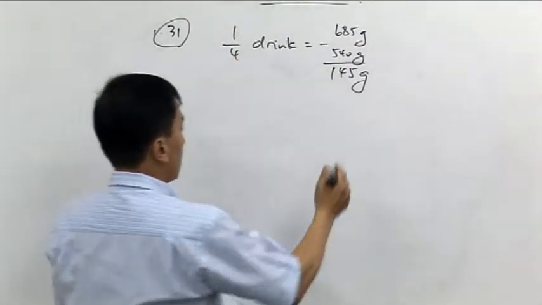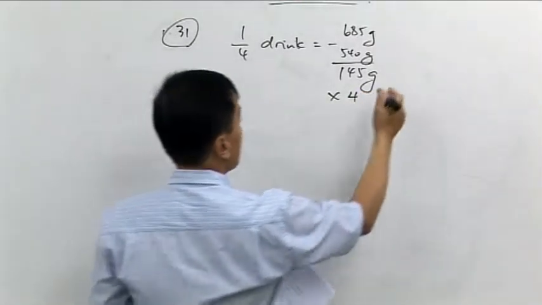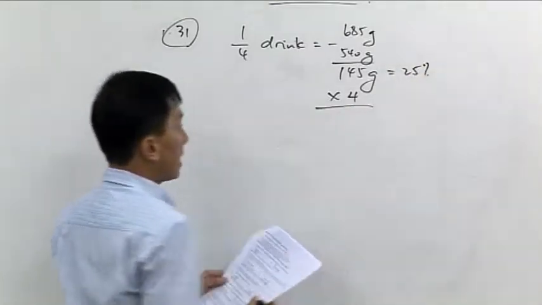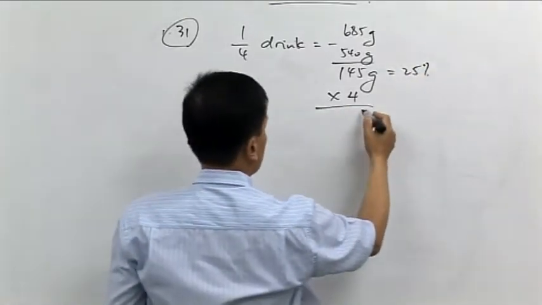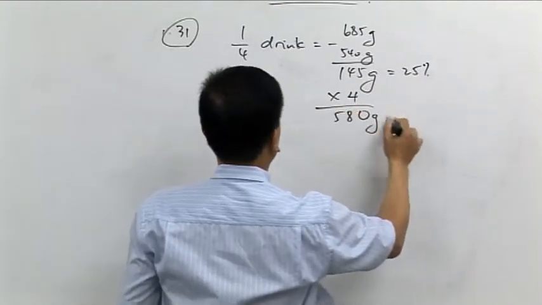So to work out the total weight of the drink, the liquid itself, you times that by 4, because that equals 25%. So you times it by 4, so that's going to be 580 grams.